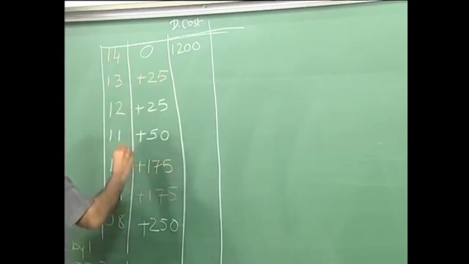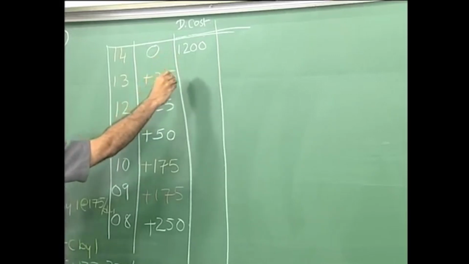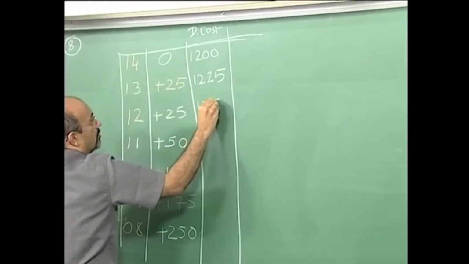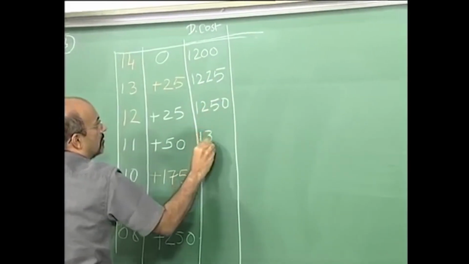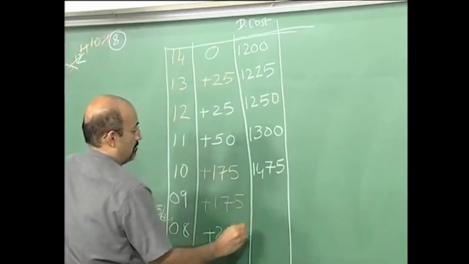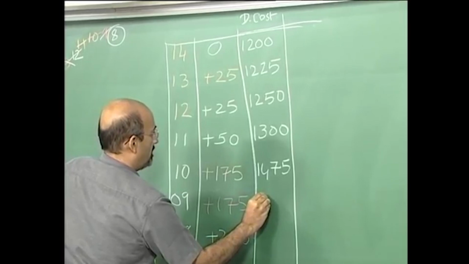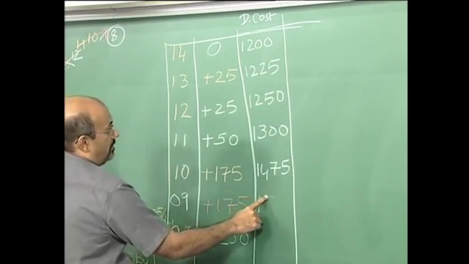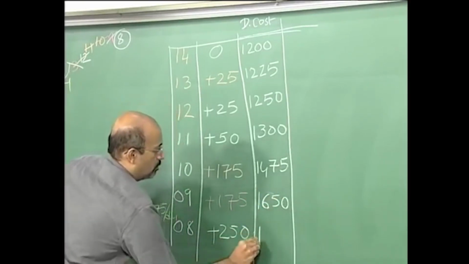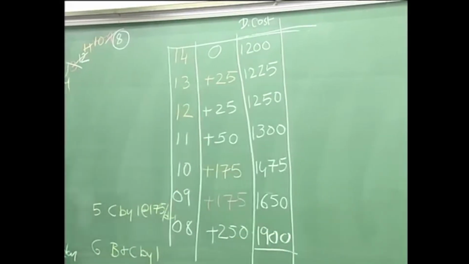Let's do it. So to do it in 13 days, how much is it going to be? I'm going to do cumulative. 1225, 1250, then plus another 175, 1425, 1600, 1900.